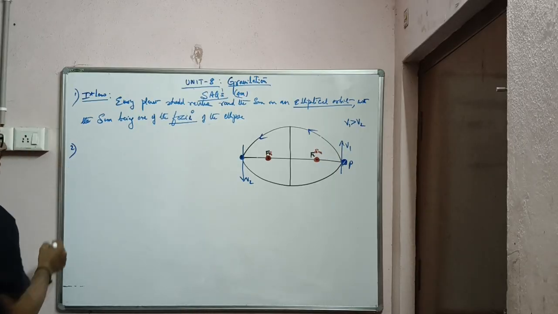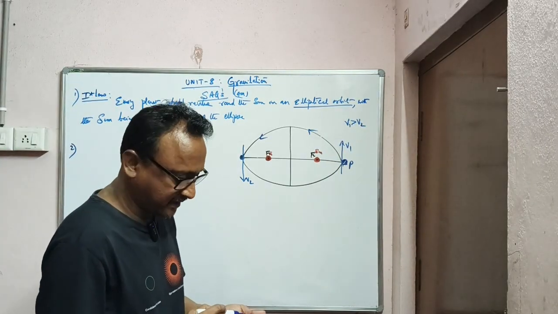And the second one: the line joining between the sun and the planet.